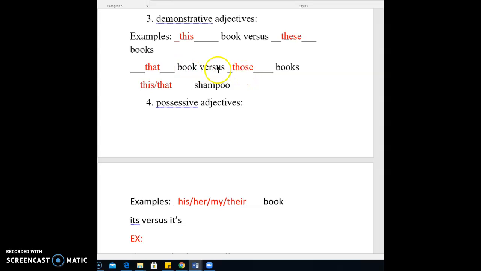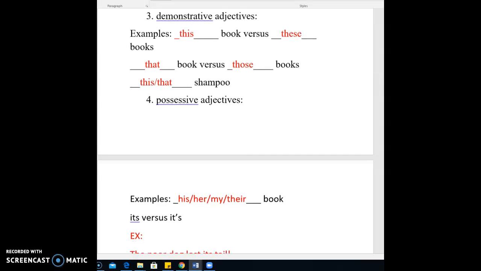So I could be pointing across a room, Could you give me those books? And they're over on a table across the room, okay? And when you have a non-count noun, you cannot use, obviously, the plural. It's either this shampoo, close, or that shampoo, far away.